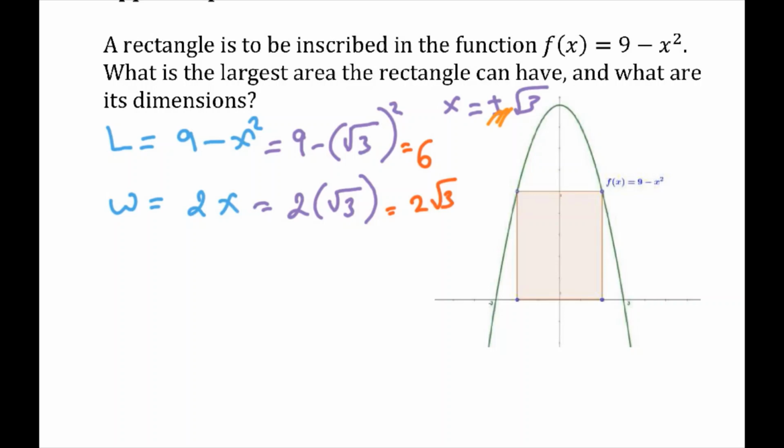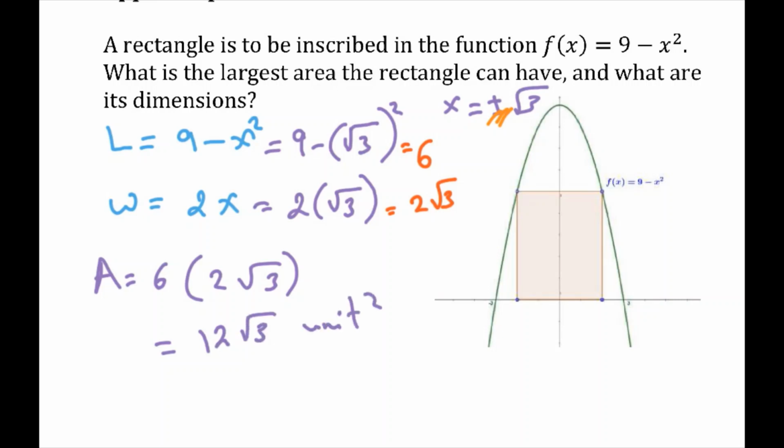Now, these are the dimensions. The maximum area will be length times width, 6 times 2 square root of 3, which is equal to 12 square root of 3 unit squared. That's the maximum area of a rectangle that can be drawn inside the function 9 minus x squared.